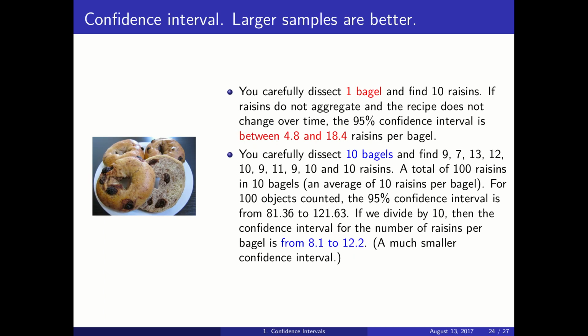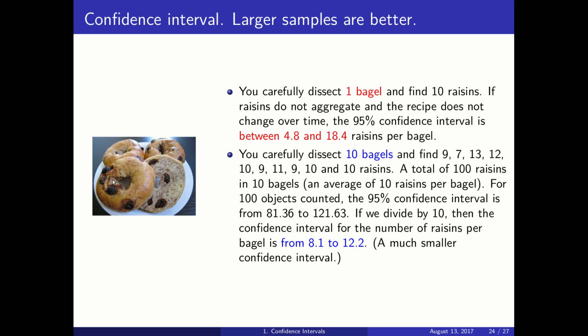Then let's construct confidence intervals. In general, as always, the larger the sample, the better for the confidence interval, the narrower it will be. So for instance, let's say that we are interested in counting the number of raisins per bagel.